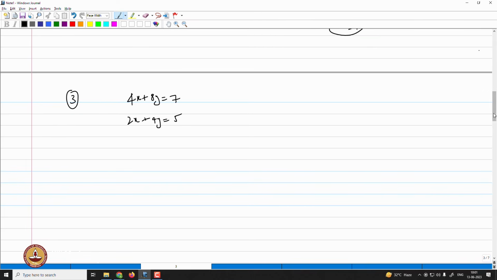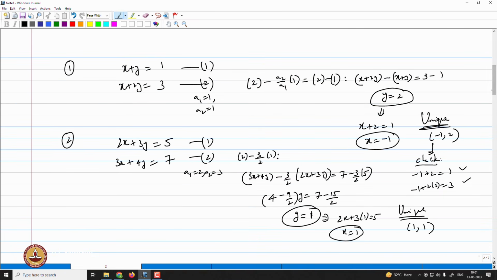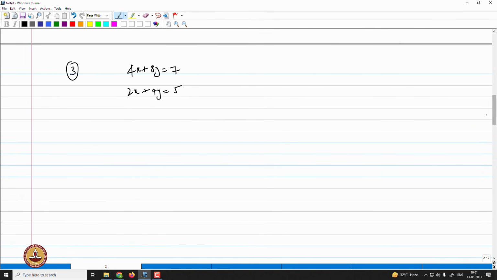You can also try all these things graphically. You can plot these lines and you'll see they will intersect at one point. You can plot this also, but let's see how this is going to go. This has a1 equals 4, a2 equals 2, and then I've got to do 2 minus 2 by 4 times 1, 2 minus half into 1, and that will be 2x plus 4y minus 1 by 2.